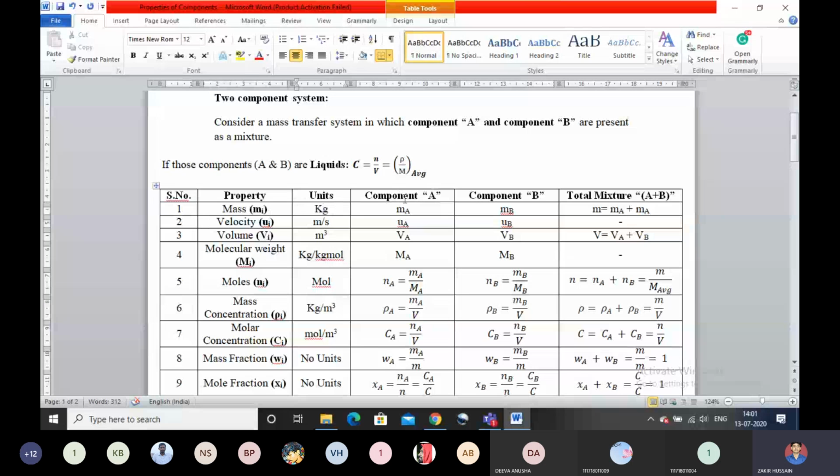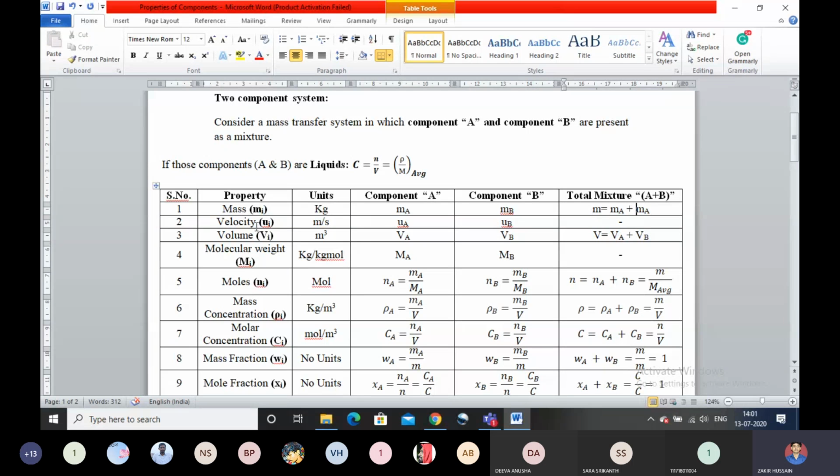If this mass is associated with component A, we denote it with small m subscript A. For the total mixture, the system is composed of only two components, so the total mixture will be A plus B. The total mass of the system is M equals Ma plus Mb. The summation of individual masses is nothing but the total mass of the mixture.